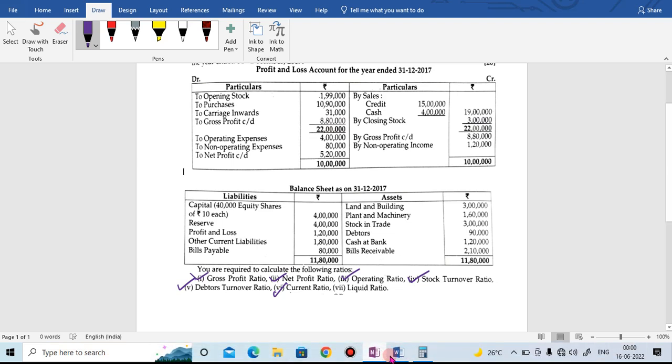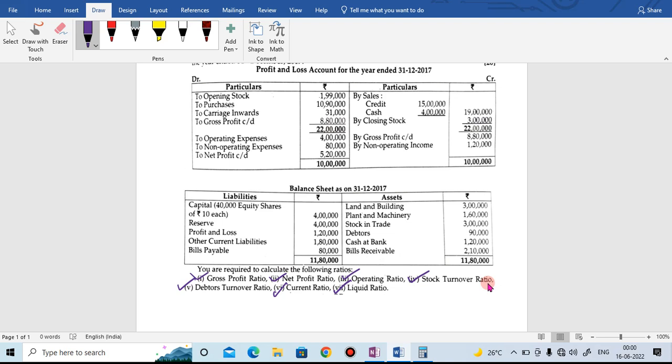Okay, so let's check whether we have calculated all the ratios. Yes. Gross profit ratio answer is 46.31%. Net profit ratio is 27.37%. Operating ratio is 74.74%.